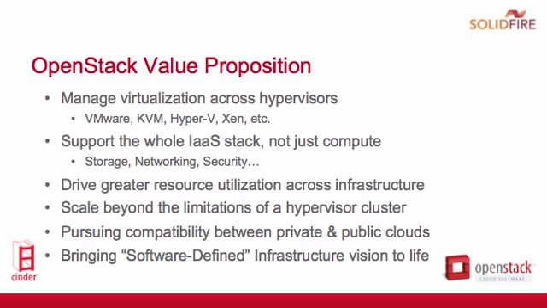The other thing that is kind of key, that a lot of people are focusing in on and really want to drive inside of OpenStack, is trying to deliver compatibility between private and public clouds. So everybody knows, from the public cloud space, one of the big players that everybody always thinks of is Amazon.